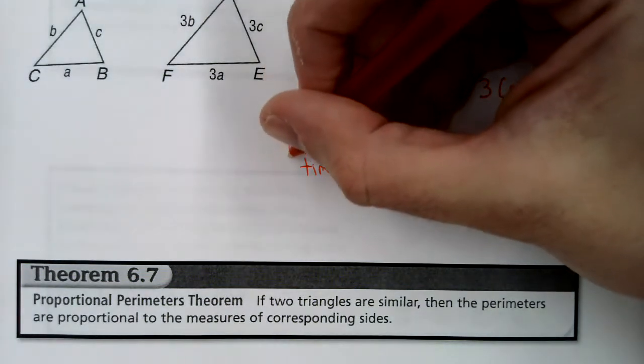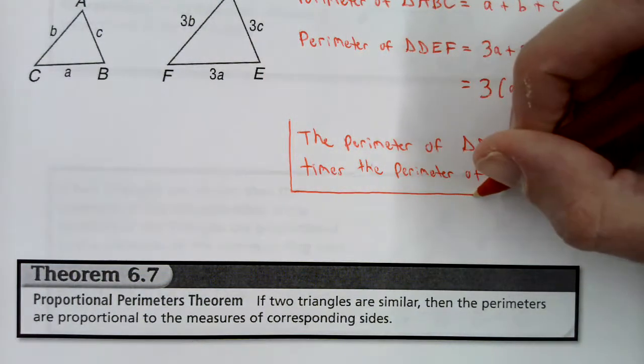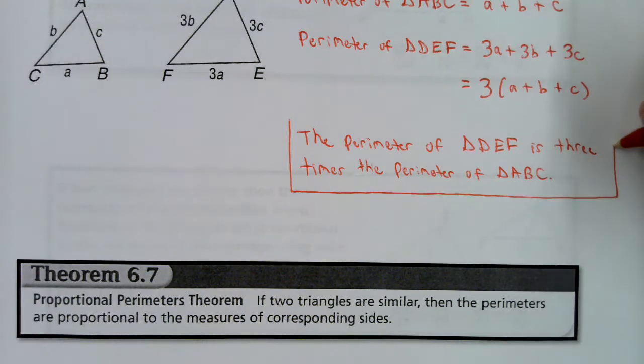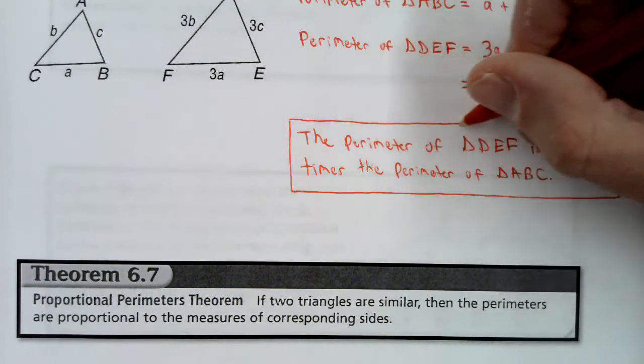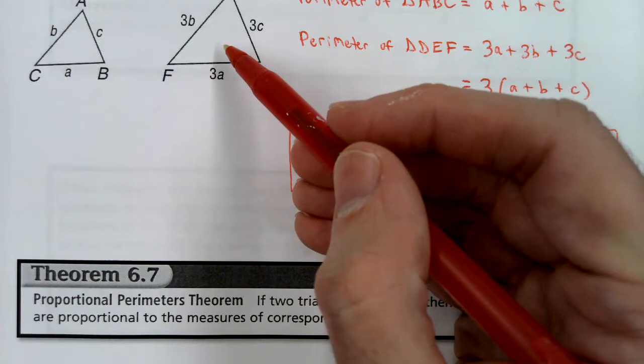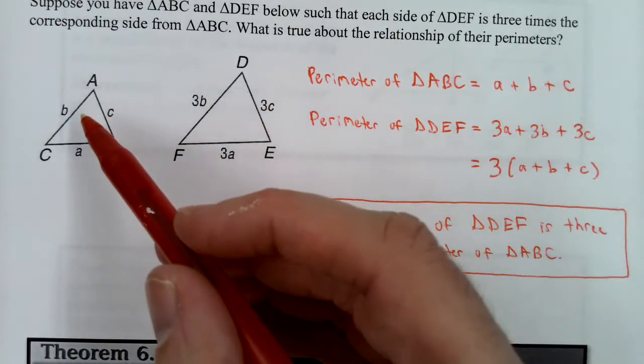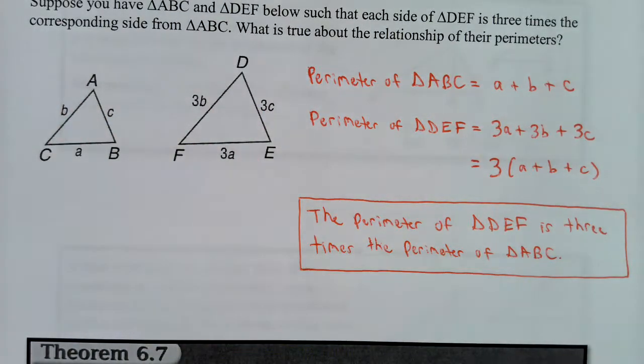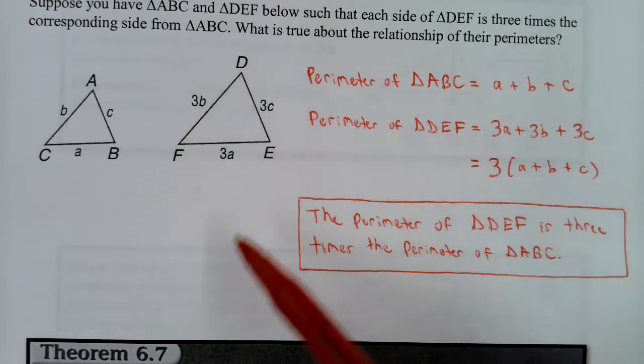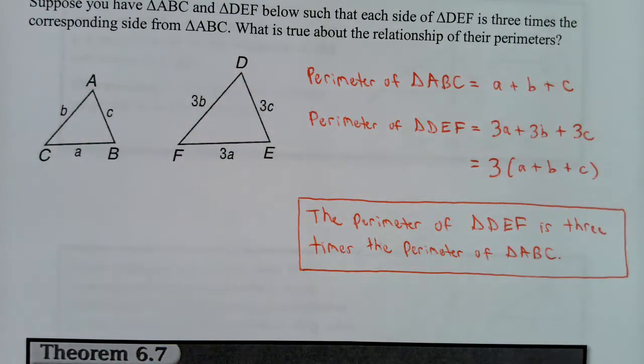So if each side is 3 times its corresponding side from this triangle, then this perimeter is 3 times this perimeter.